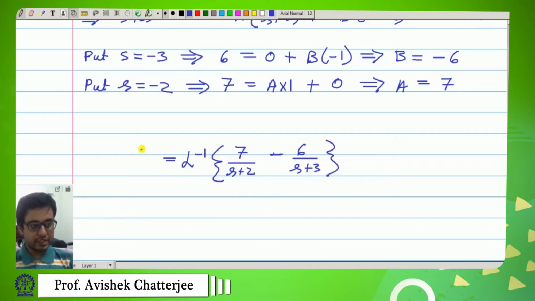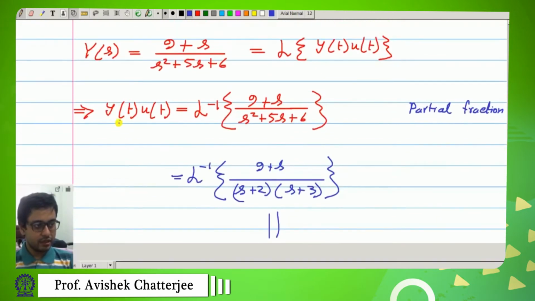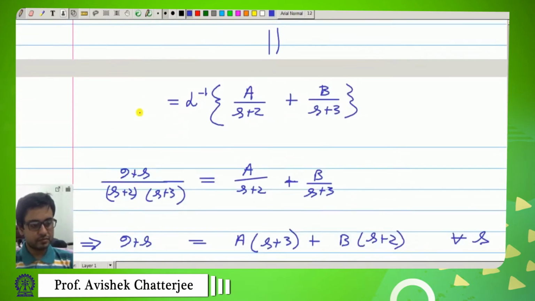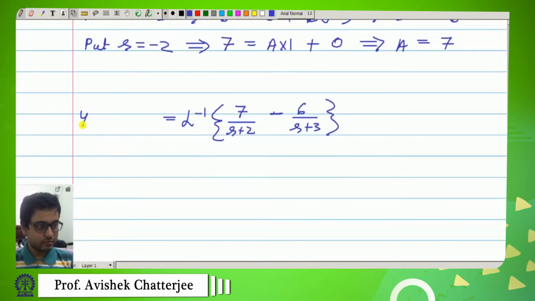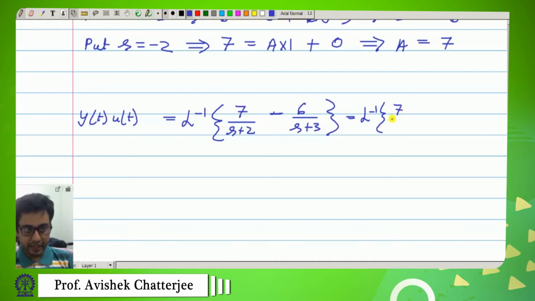Okay, so this is Y s. Fine. Now this can be written as Laplace inverse of 7 by s plus 2 plus Laplace inverse of 6 by s plus 3.